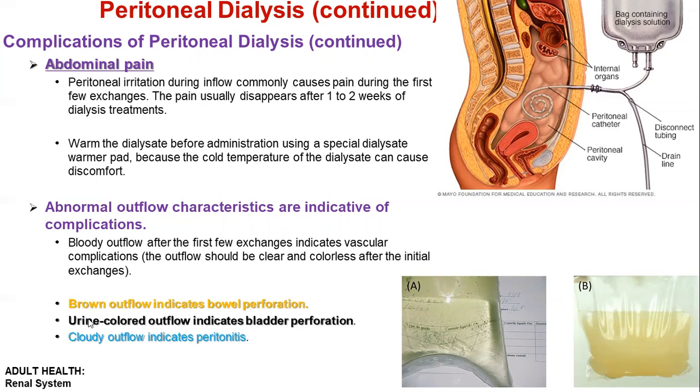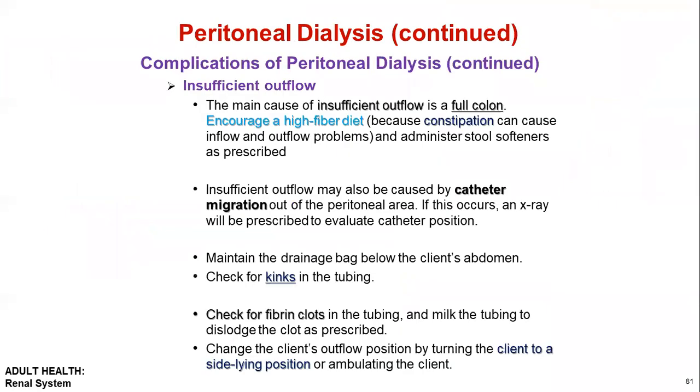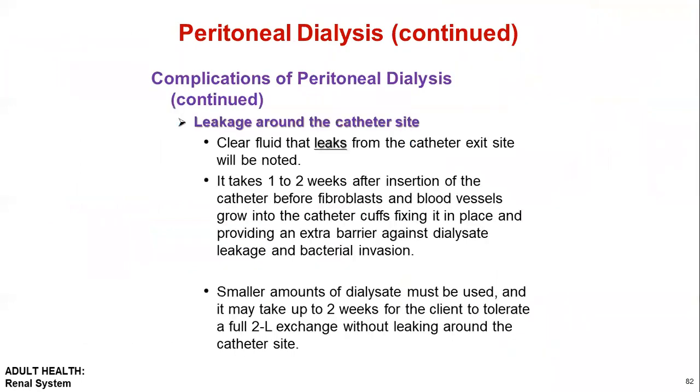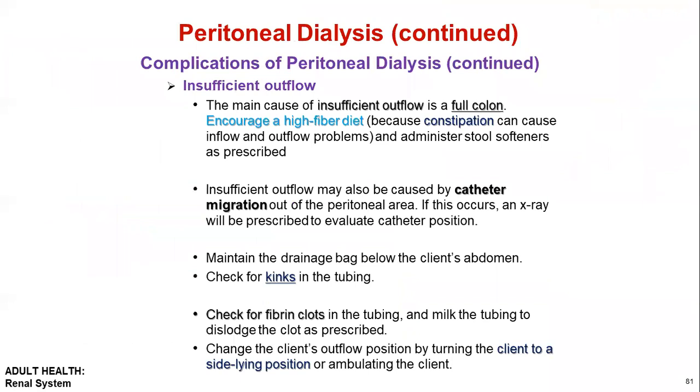If it is brown outflow, it indicates bowel perforation. Urine-colored outflow indicates bladder perforation. Or if it is blood, it means blood is coming out, right?